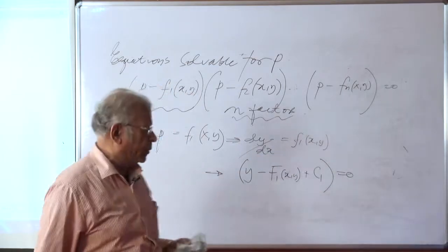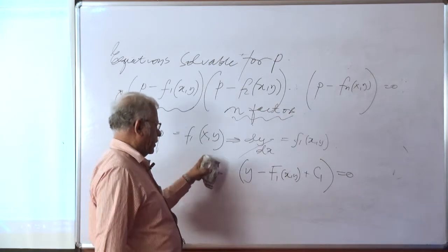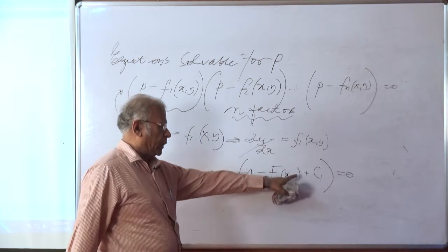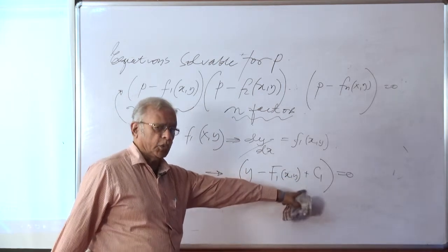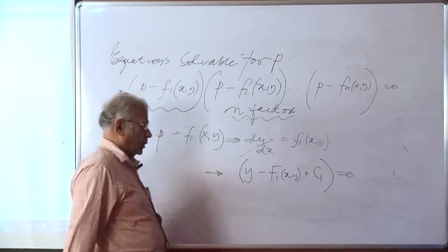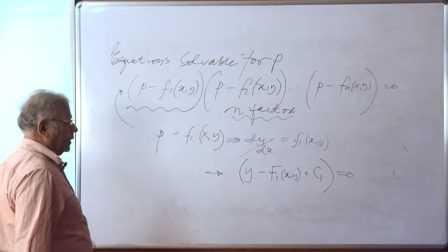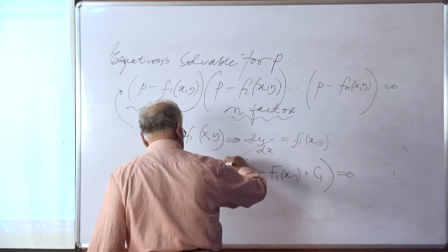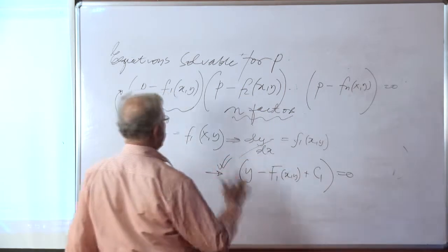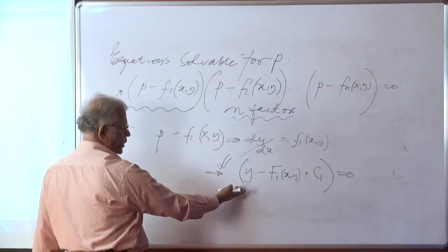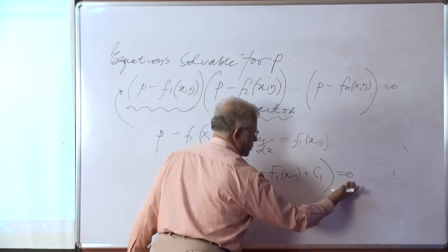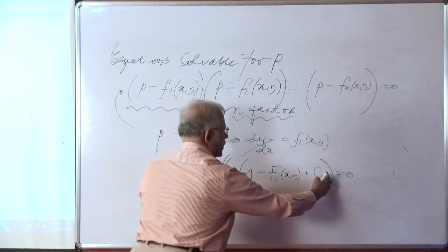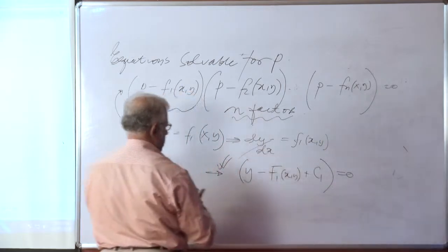Not all of them are solvable, but assume that we can write a solution as y minus capital F1 xy plus c1. Because it is a solution, it must have an arbitrary constant. So if this particular solution can be evaluated, then for each factor we can have a solution like this. So the solution automatically will be the product of all such factors is equal to 0.